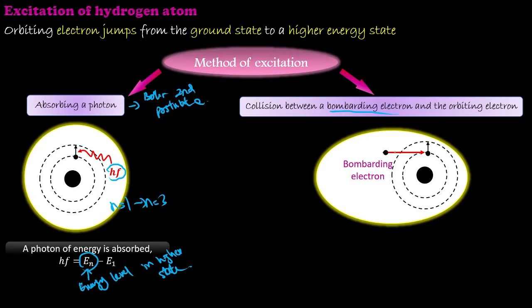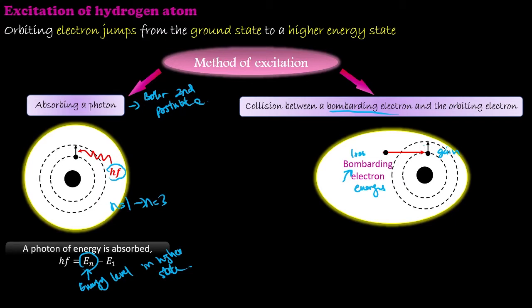When it collides, part of the energy from the bombarding electron will transfer to the orbiting electron. This means the bombarding electron will lose energy, and the orbiting electron will gain energy. So this loss of energy becomes the gained energy of the orbiting electron, which is then excited to a higher energy level.